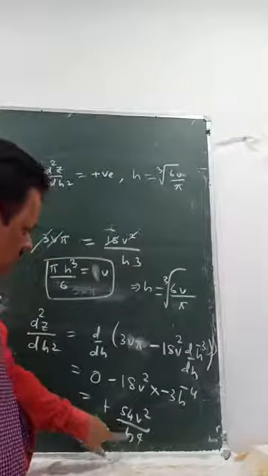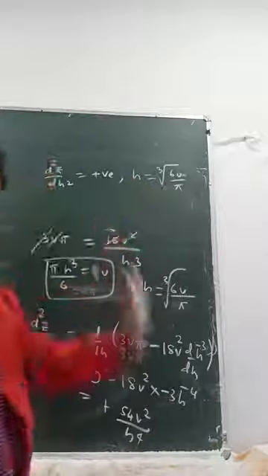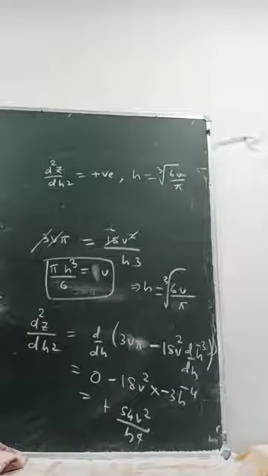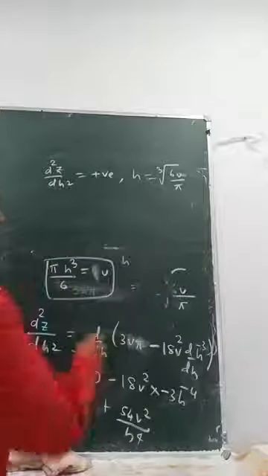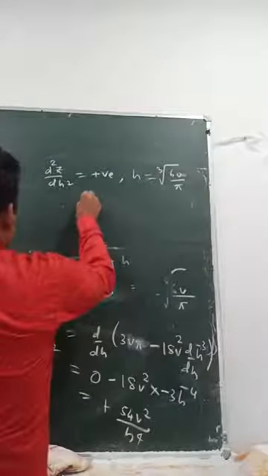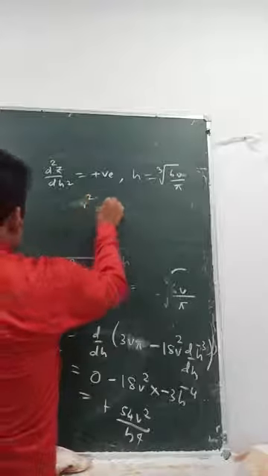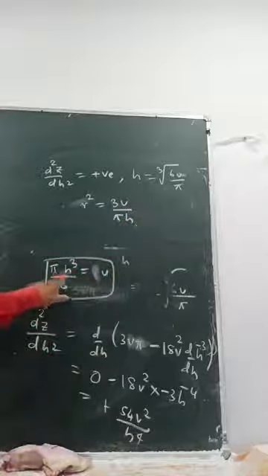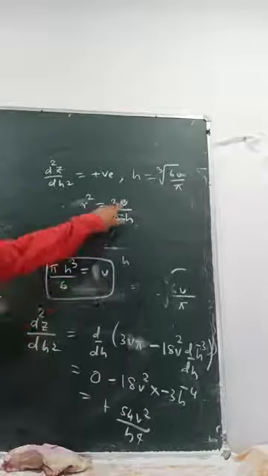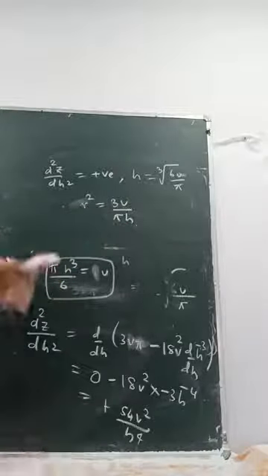Because all I have shown positive, h is this value, means total will be positive. Now, I think earlier you have written one relation, that was r square equals to 3v by pi h. That is why I had kept this value here, so that it will be easy for us to calculate. So v में value put कर दो.